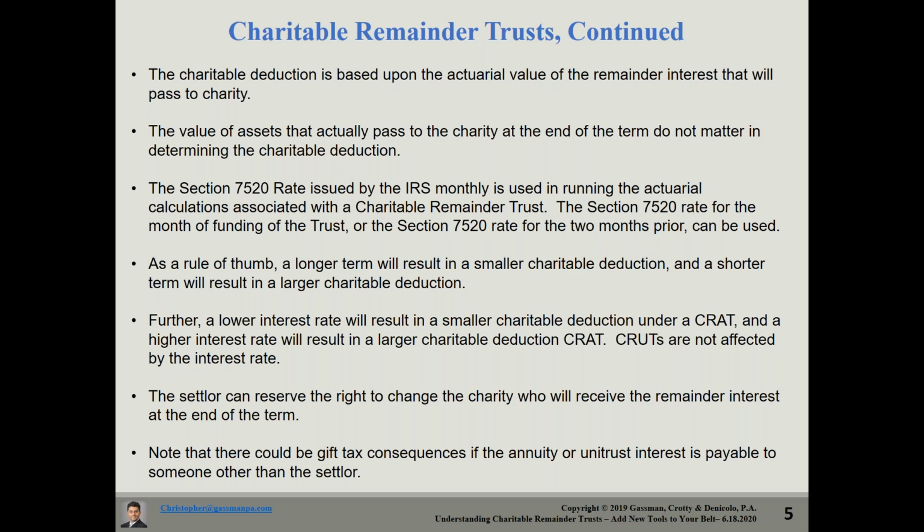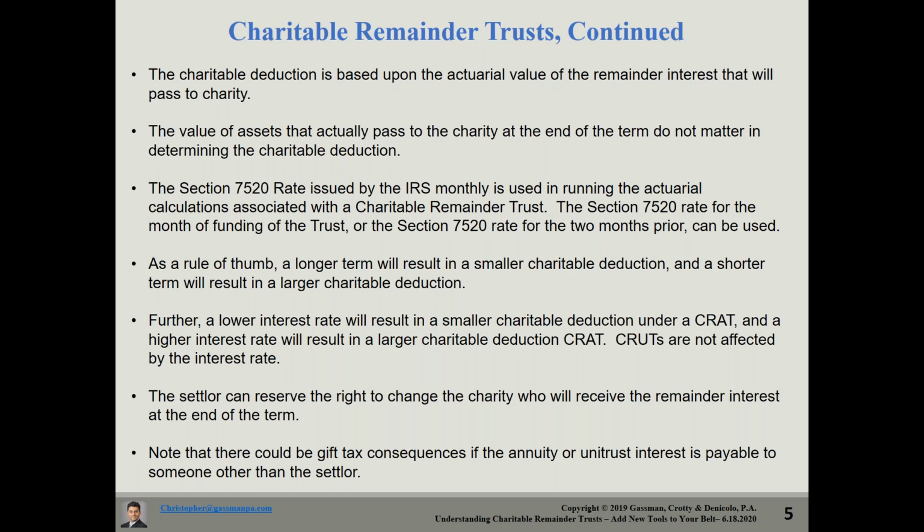It's determined up front. And this 5% exhaustion test is determined up front. So if market circumstances are such that you don't have assets left for the charitable beneficiary after the term, that's not going to jeopardize your charitable deduction. And that applies for both a CRUT and a CRAT.